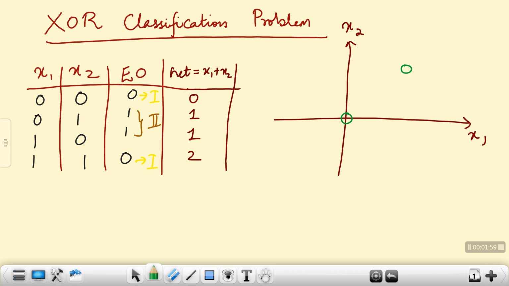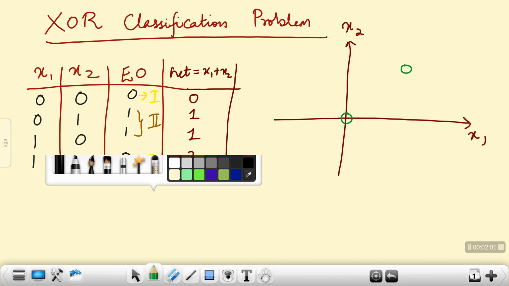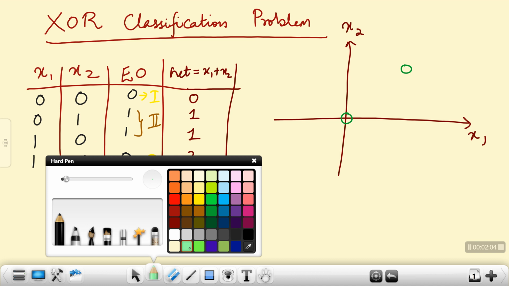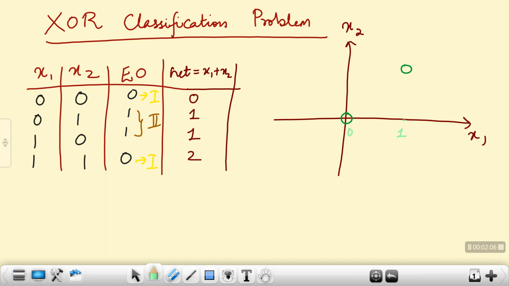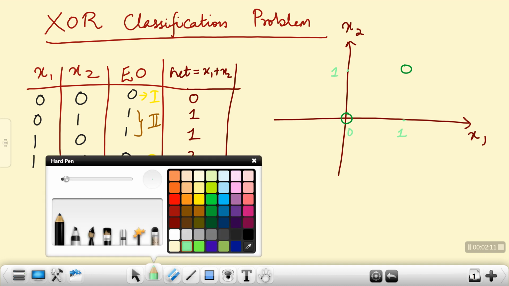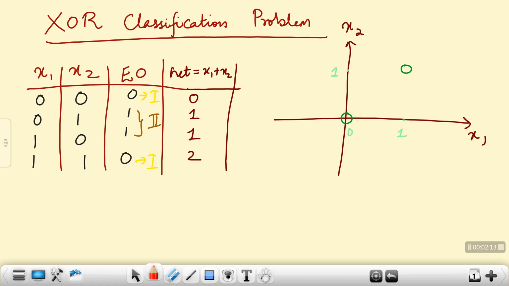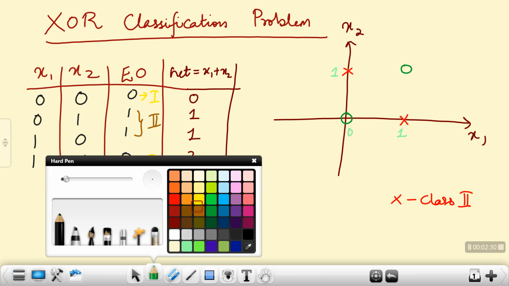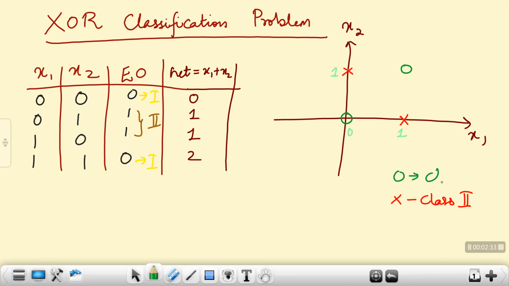The other points are here: 1, 0 and 0, 1. So basically X stands for class 2 and O or 0 stands for class 1.